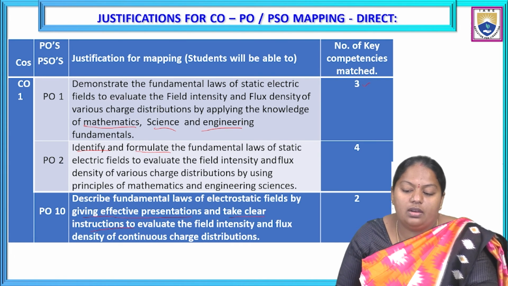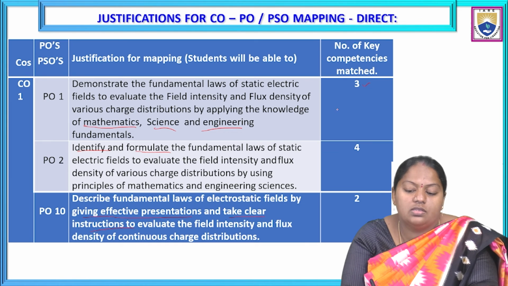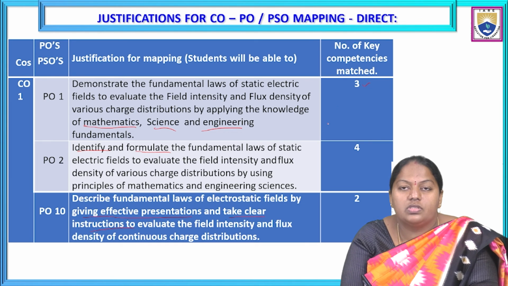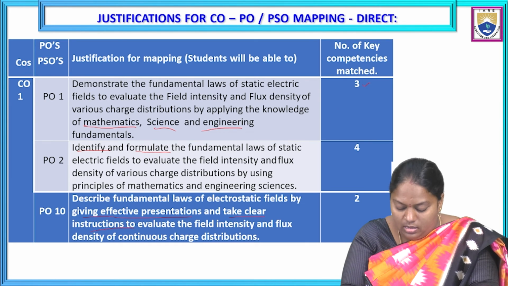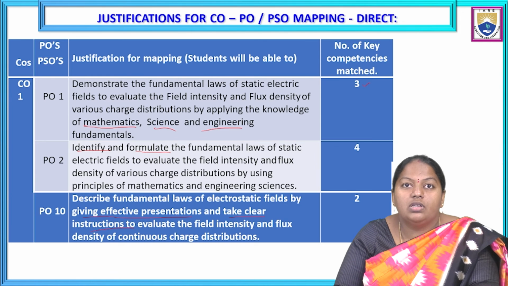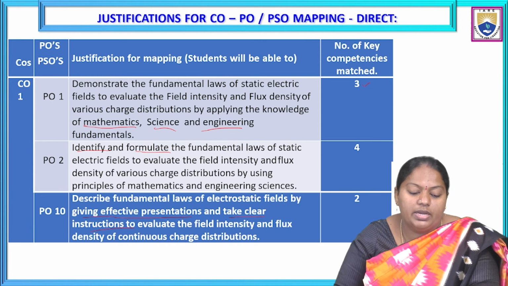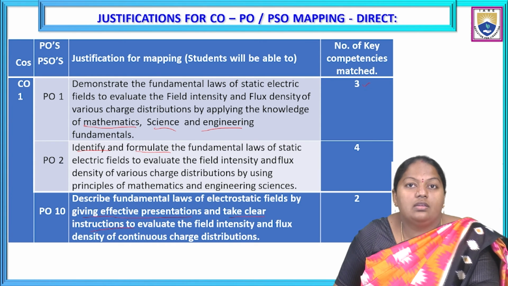That is completely related to my subject, as electromagnetic waves and transmission lines is a completely analytical one. Hence, I'm considering my strength to be 3. Right? It is completely and perfectly matched. That's why I've given that one as 3.